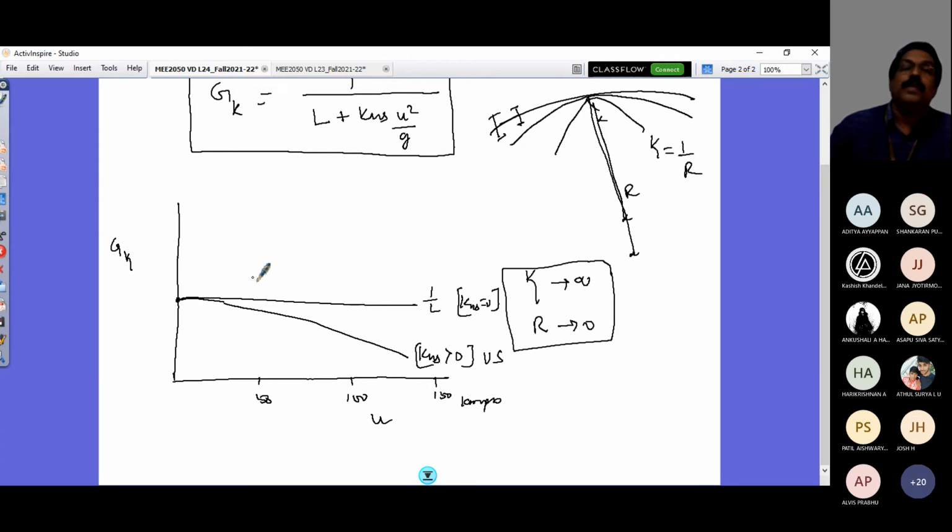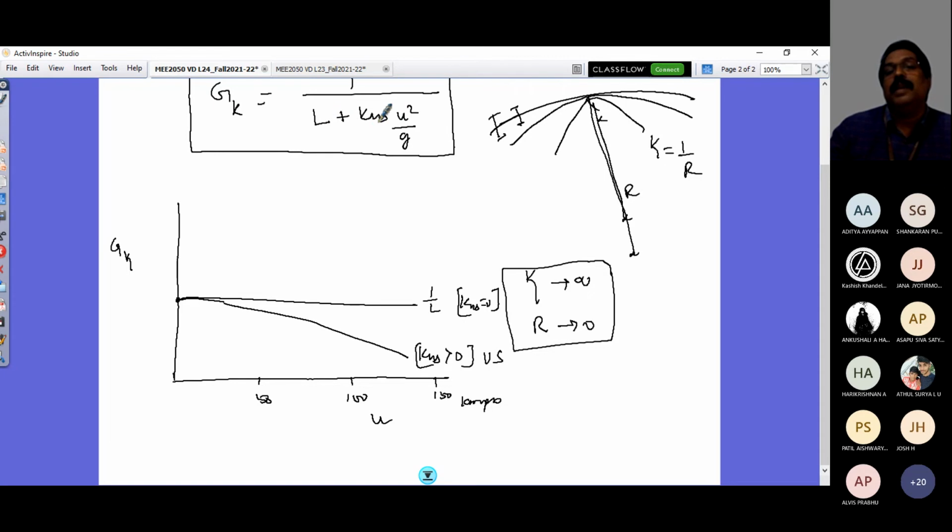If KUS is negative, on an oversteered vehicle, you see that 1 by L minus KUS U squared by G. So there is an increase at the beginning, and that would keep increasing, and there is a point when the denominator value keeps decreasing gradually and becomes 0.